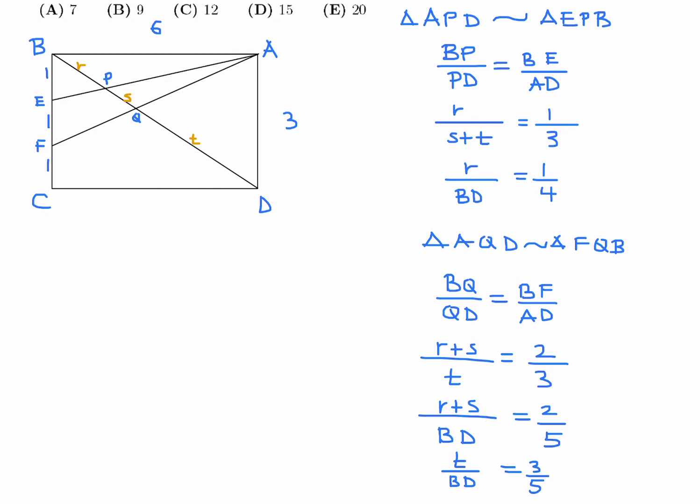Okay, now we've got something for R, we got something for T, we need something for S now. Well, S I can just get from subtraction. S is really just this minus this. So R plus S minus R, obviously. So R plus S, let's see, do we have anything for that?